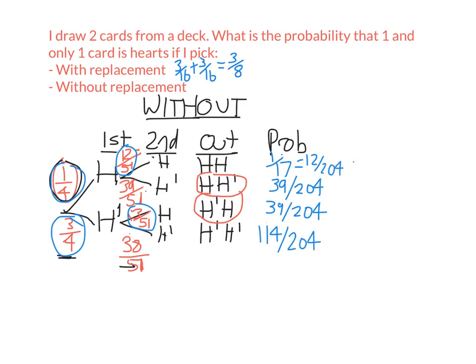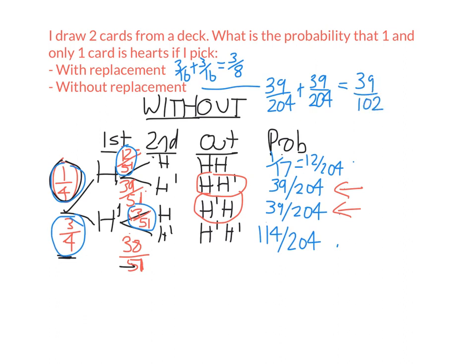If you add up all these, they add to 1, which means we've done something right. So what will be the probability I only get one heart? So I can get it this way or this way, so I just add those two up. It will be 39 over 204 plus 39 over 204, which will be 39 over 102.